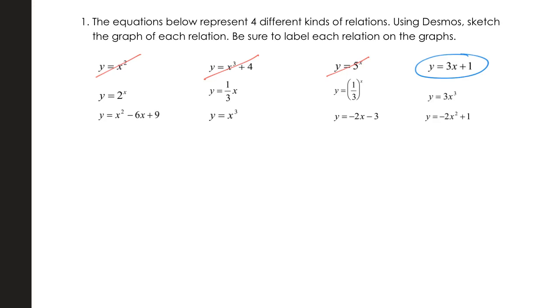Okay, and so we're back. Hopefully, I'm hoping that our list of relations is the same, with the ones that we've crossed out that gave us curves and others that we've circled or highlighted that gave us lines.